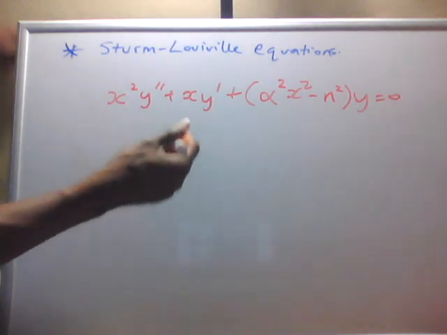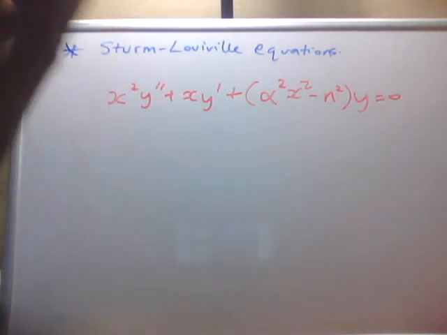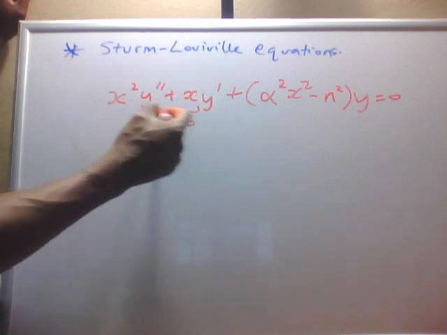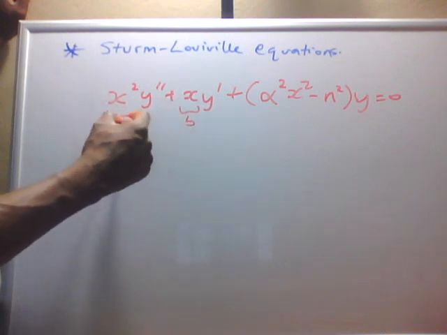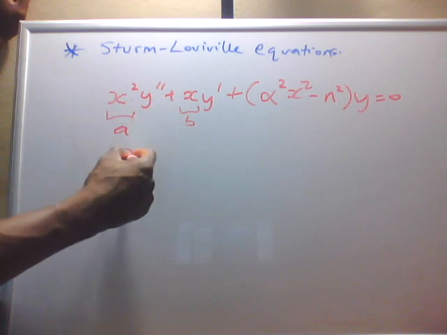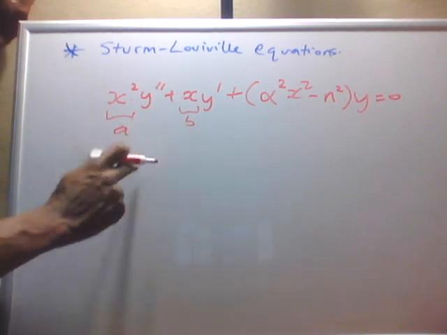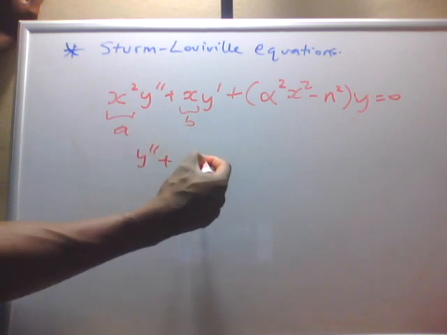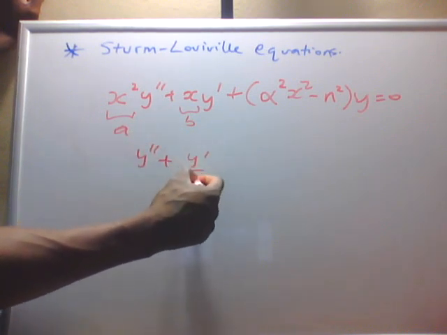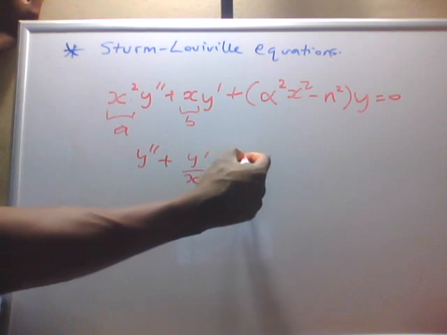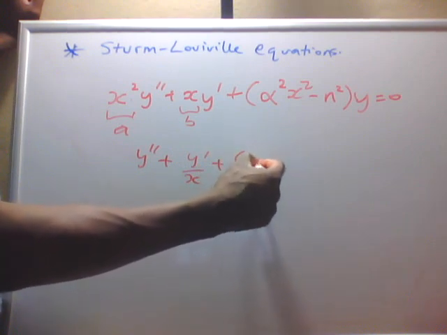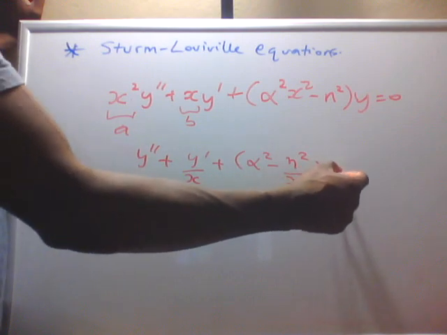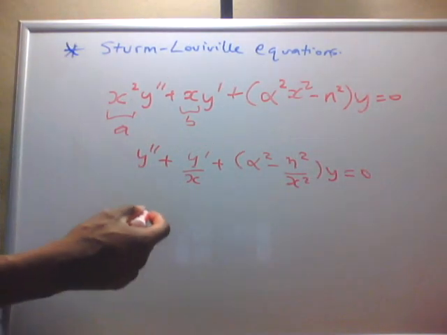can be converted to Sturm Liouville form by doing the same trick. I divide by x squared, identify this is my b, this is my a, and I get y prime prime plus y prime over x plus alpha squared minus n squared over x squared y equals 0.